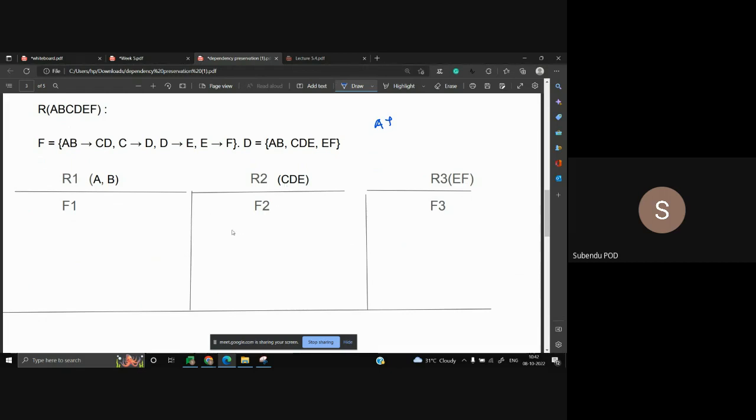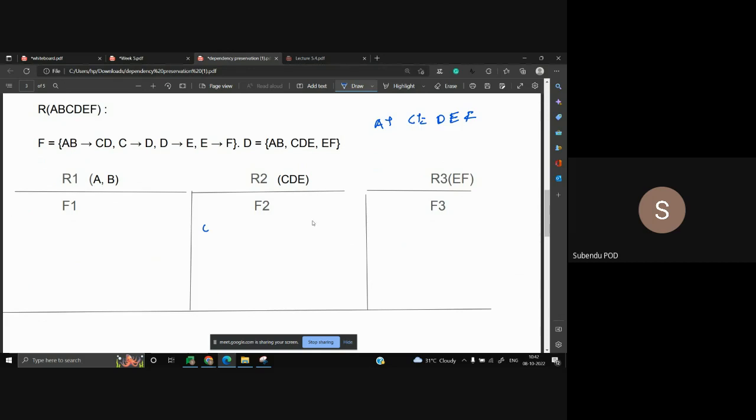Now we have to check the C closure first. So what will we get as C closure? C, D, E, F. Okay. C closure will get D, E, and F, right?